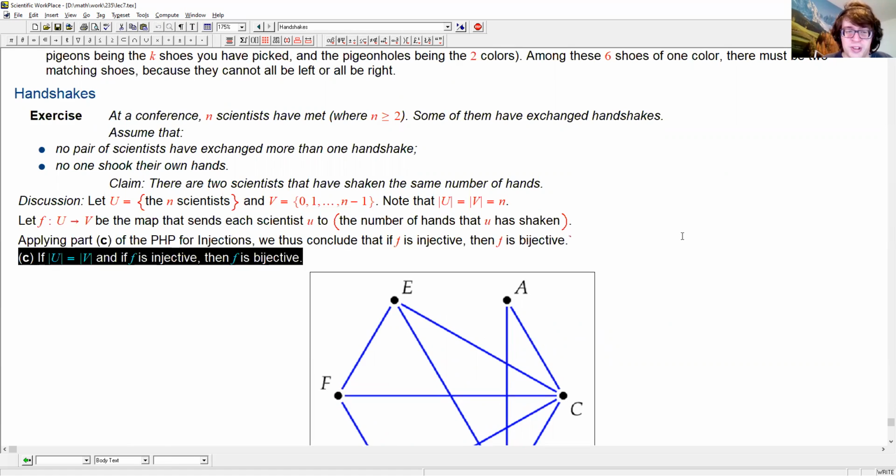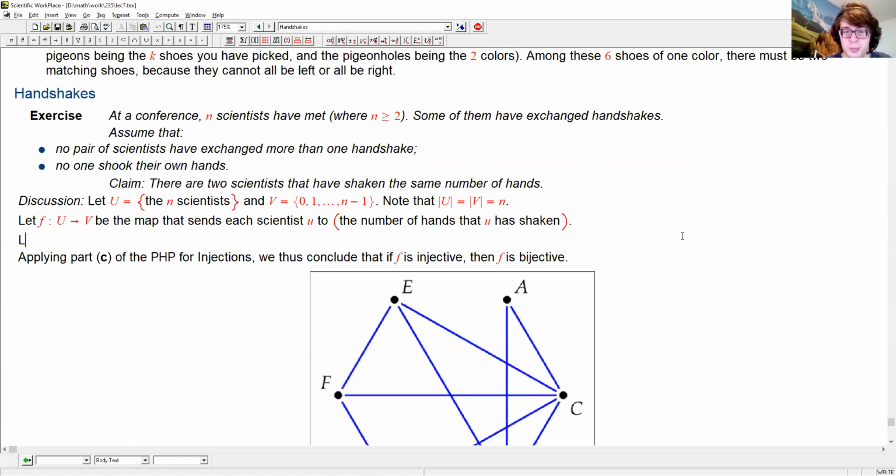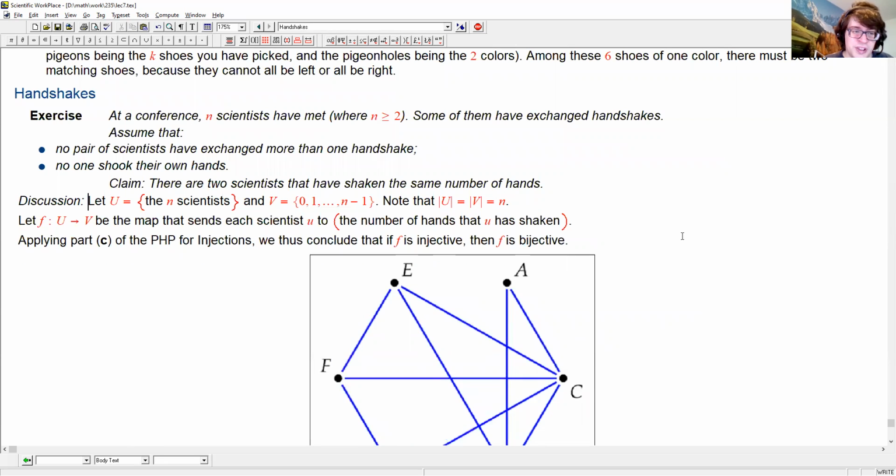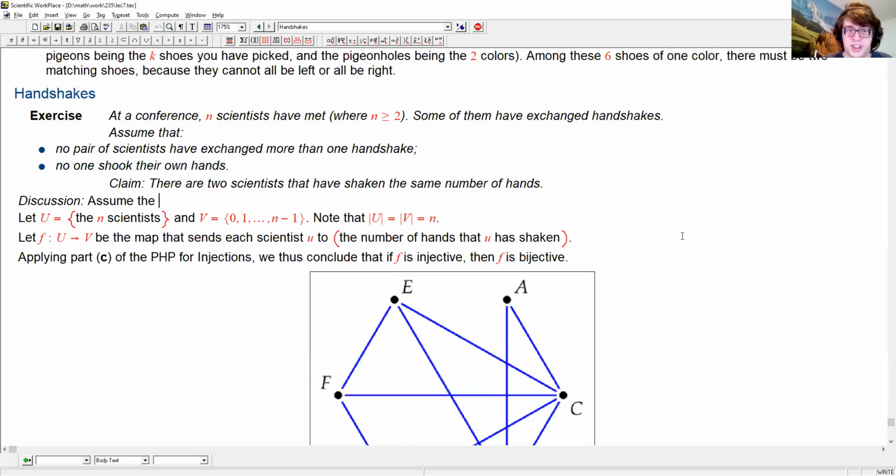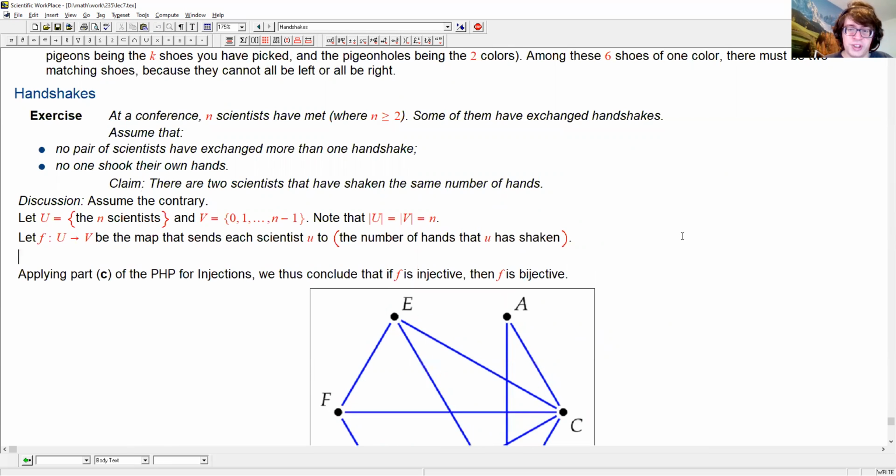So to get anything out of it, let's just right away assume the contrary to get a contradiction. Then F is injective, since we assumed that the claim is false.